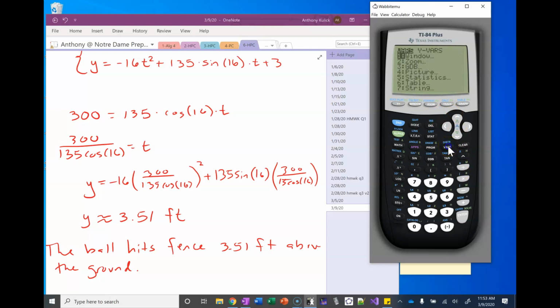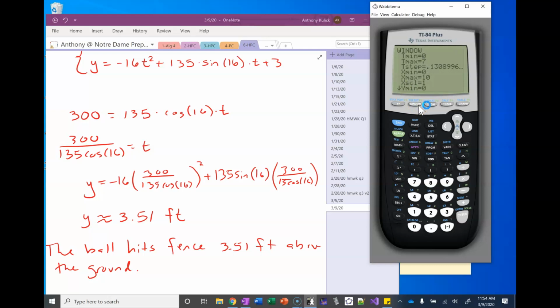To do that, I'm going to go to the vars menu, choose from the Window option, go over to the t/theta tab, and select T max, and then put a t at the end. So now that I have that, I'm going to go ahead and try to graph this.